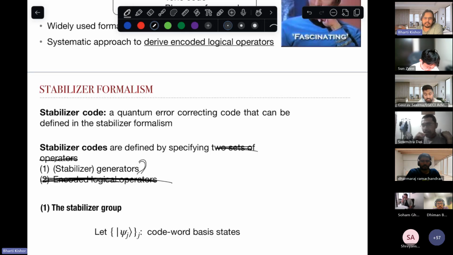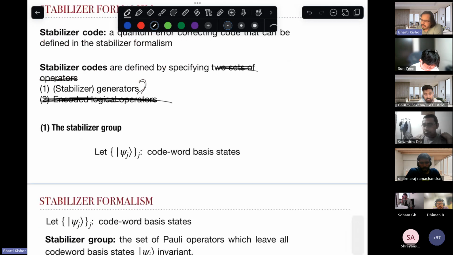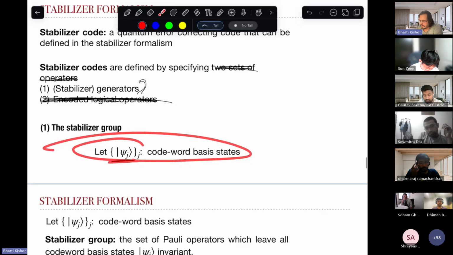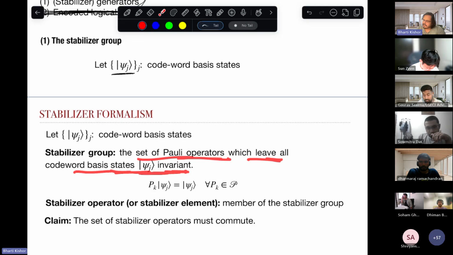So let us say we have a bunch of codeword basis states, psi_a. The stabilizer group is a subset of the Pauli group. You can call it a set of Pauli operators which leave all codeword basis states invariant.